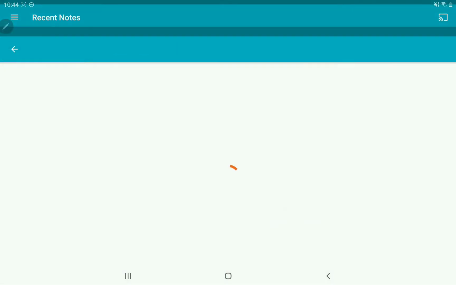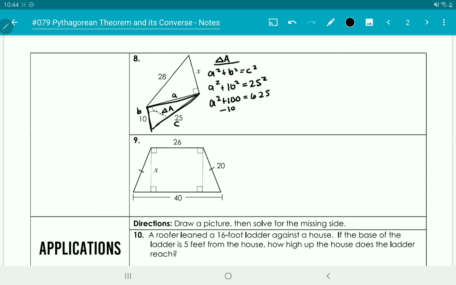We can subtract 100 from both sides, giving us A squared is equal to 525. And if we take the square root of both sides, that is going to give us that A is equal to about 22.9.